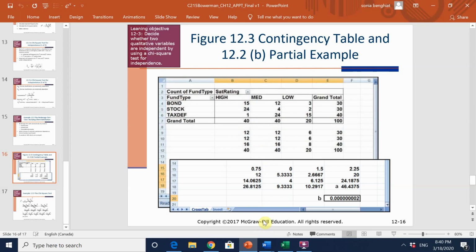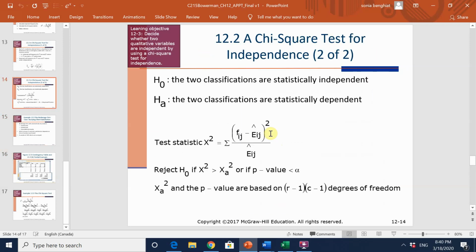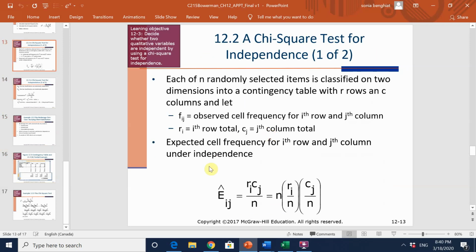So how do I compute expected values in each cell? Let's go back to that slide once again. The expected frequency count is represented here by E with a hat, subscript ij.